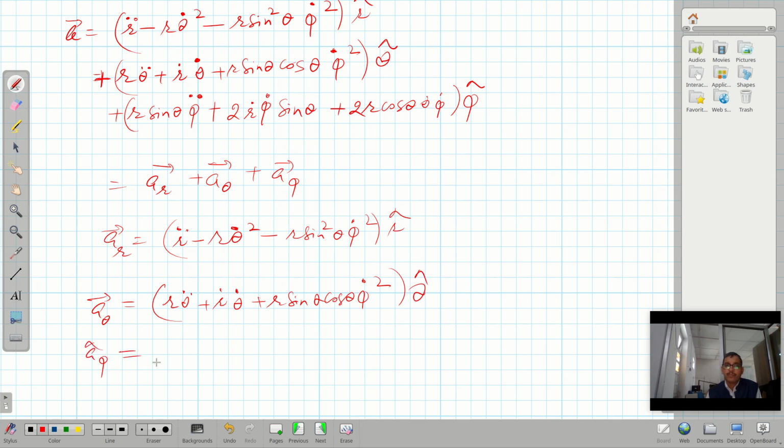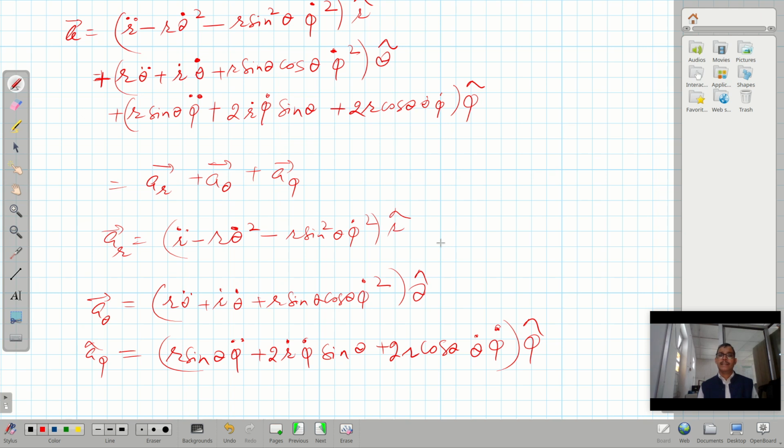And the phi component is equal to r sine theta phi double dot plus 2 r dot phi dot sine theta plus 2 r cos theta, theta dot and phi dot, into phi cap. So thus we have derived acceleration in terms of spherical polar coordinates. So that's all for this lecture.